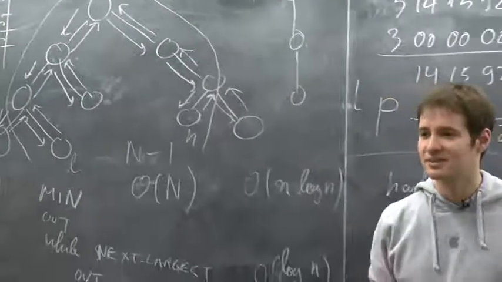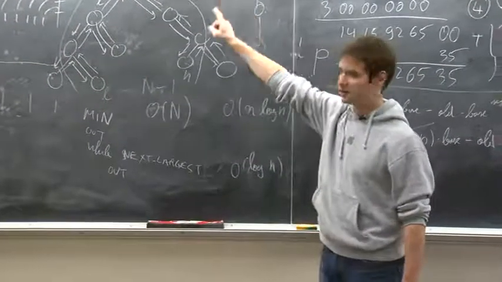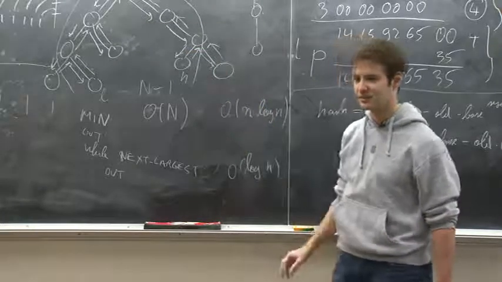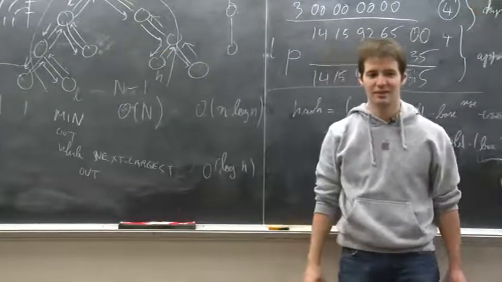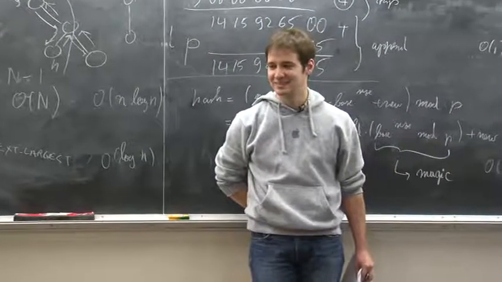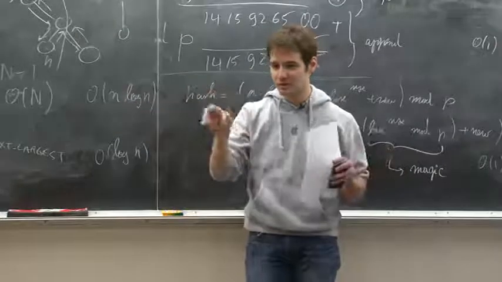So this is amortized analysis. The list is hard. The traversal is easy. Remember the traversal. That's easy to reason about, so that's good. OK. Any questions on amortized analysis? So the idea is that you look at all the operations. You don't look at one operation at a time.